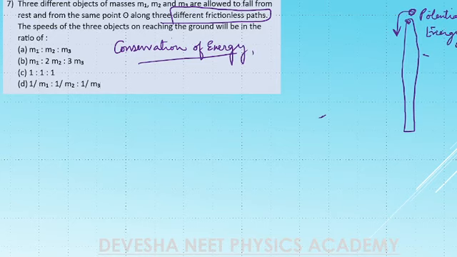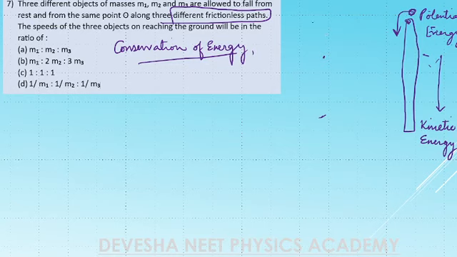And as you must be knowing, when they fall to the bottom, they get converted to kinetic energy. So when these bodies are falling from the top to the bottom, they are getting converted from potential energy to kinetic energy.